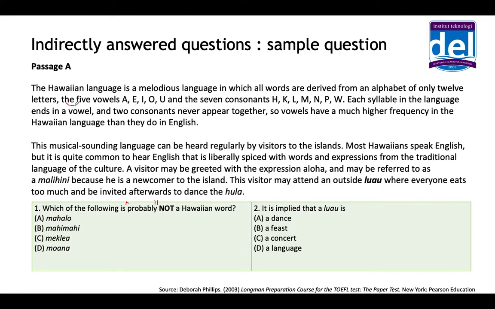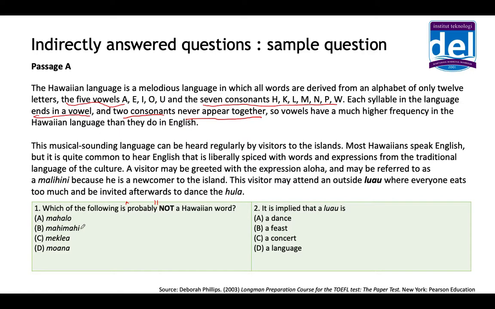So this is one characteristic, and another characteristic is that each syllable in the language ends in a vowel. So it should end in a vowel, and 2 consonants never appear together.